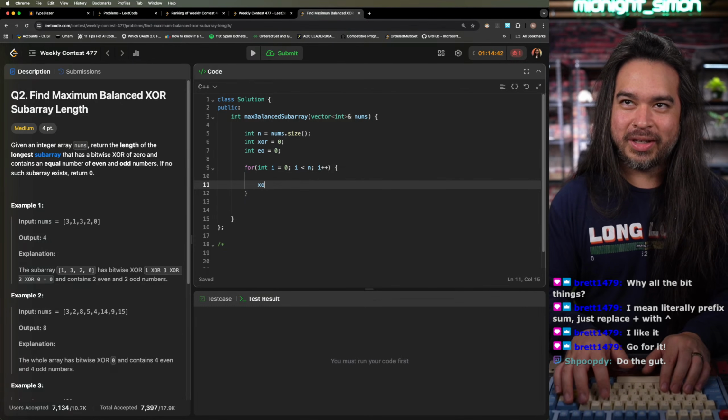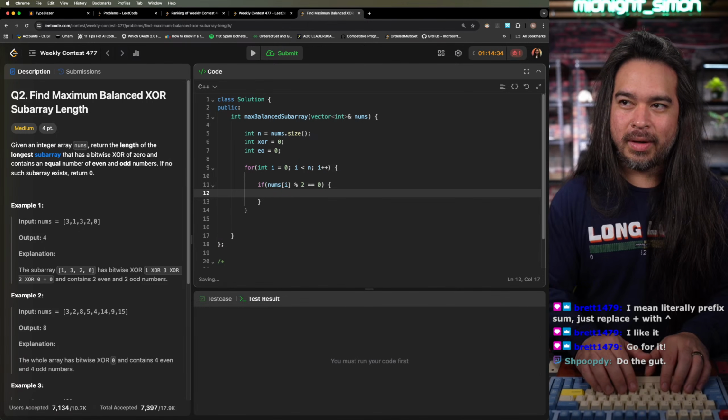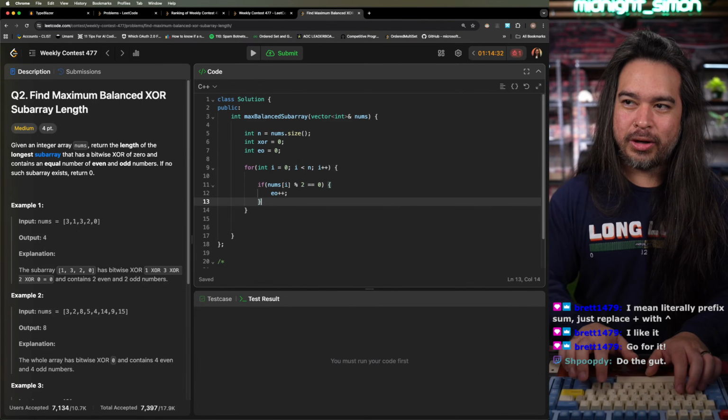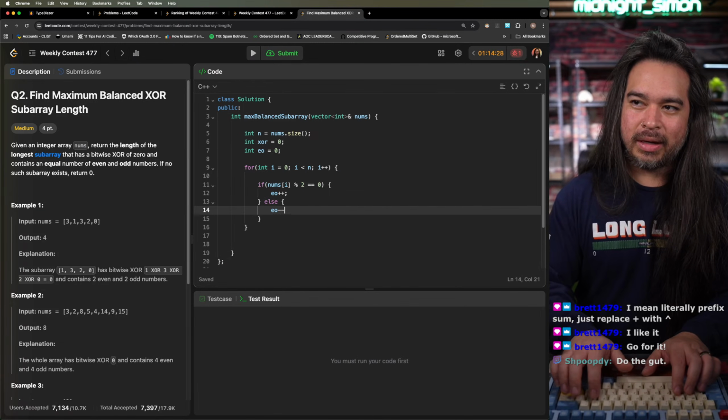So how do I do this again? If this number is even, then I'll say increment. If it's odd, decrement.